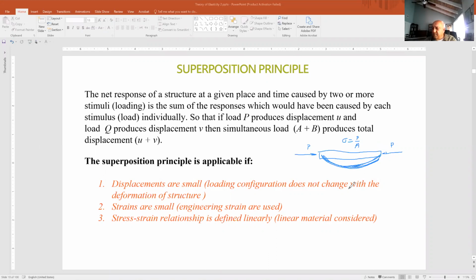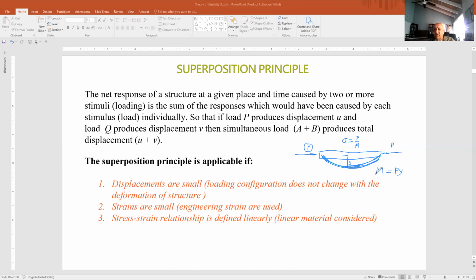And in this new shape, the loading equilibrium would be different from the initial shape. When it is deflected as such, due to the presence of the load P, I don't only produce axial load, but because of this distance, say y, I create a bending moment equal to Py. The larger the displacement, the larger the moment.